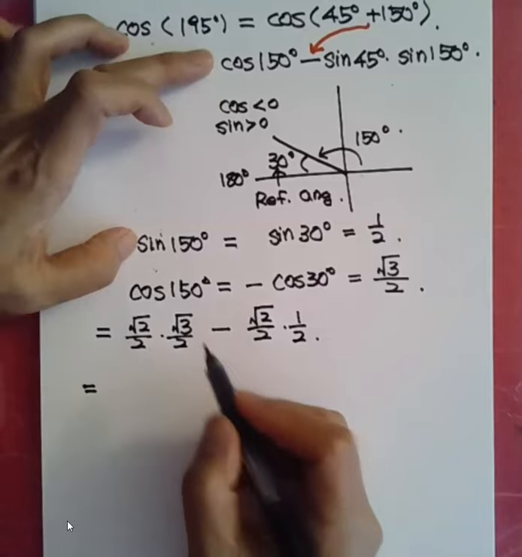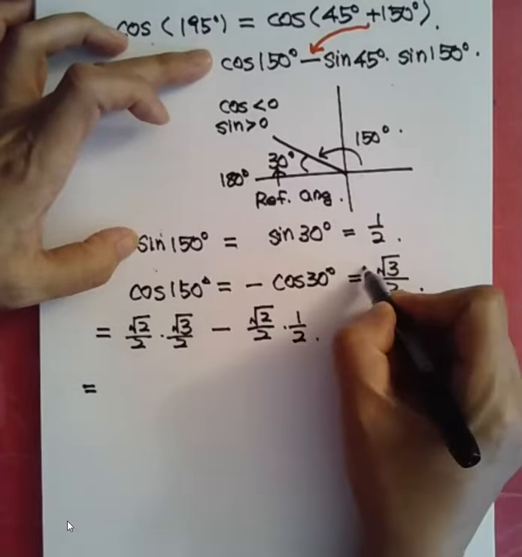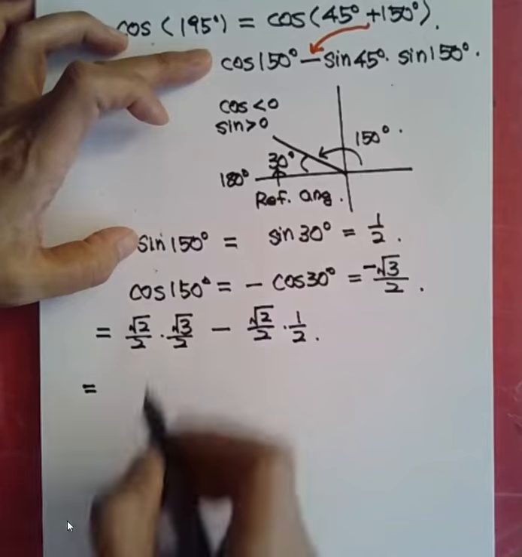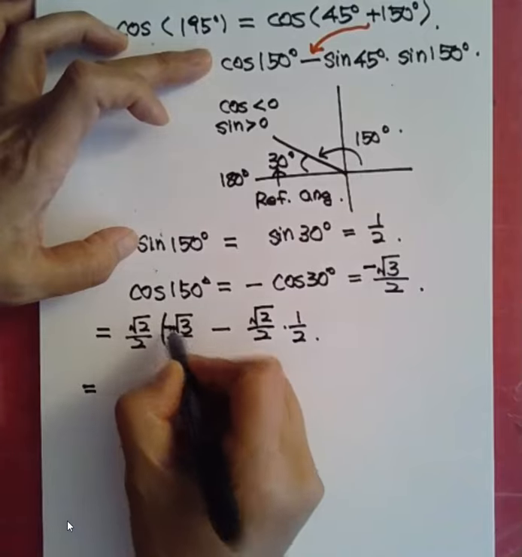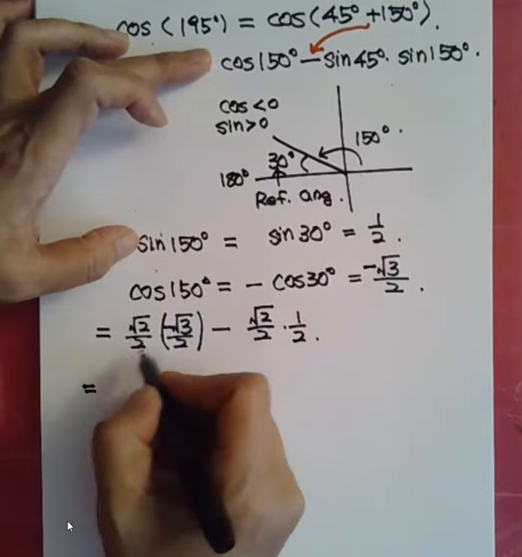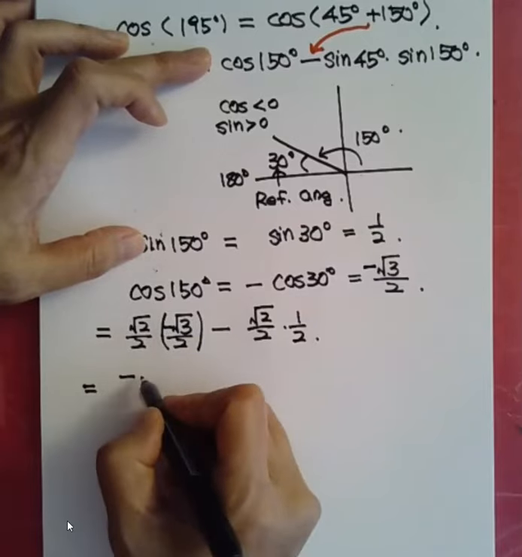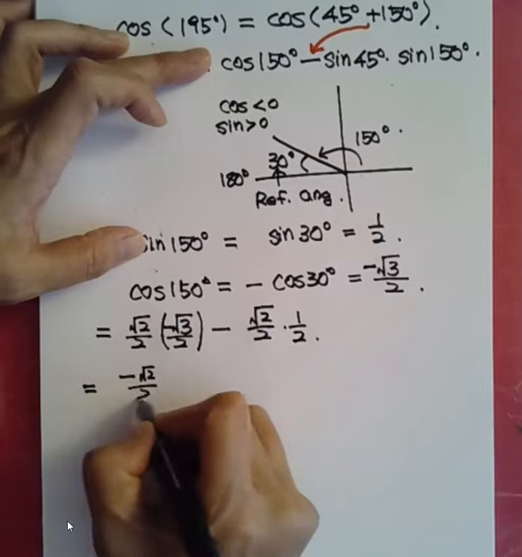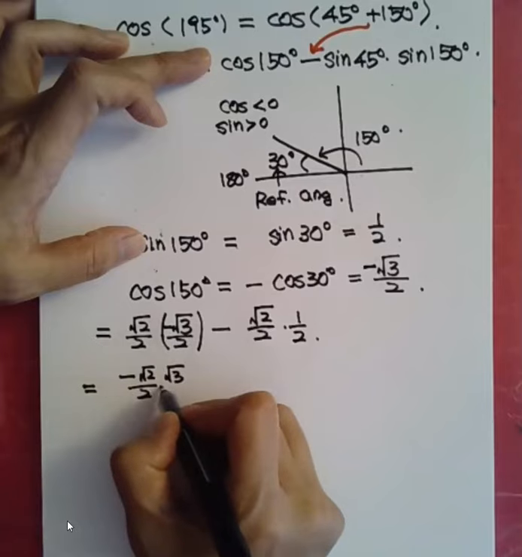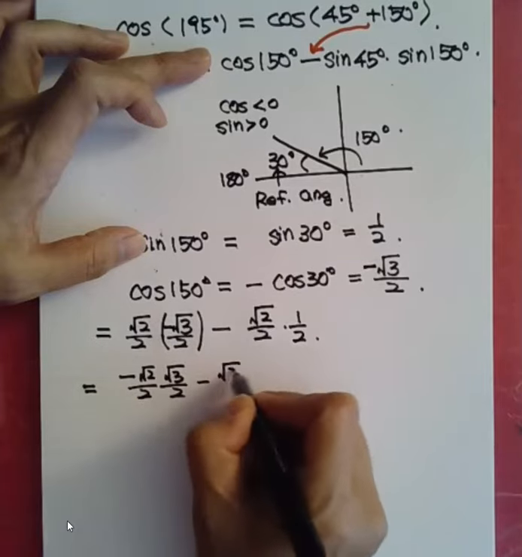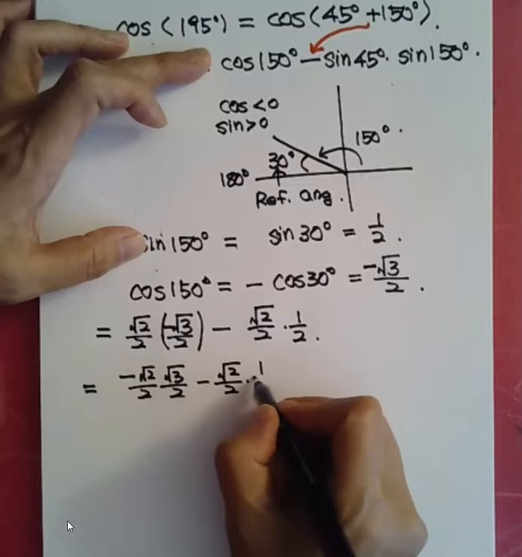So here, I dropped minus here. So I have to put minus here. Then it is minus square root of 2 over 2 times square root of 3 over 2 minus square root of 2 over 2 times 1 over 2.